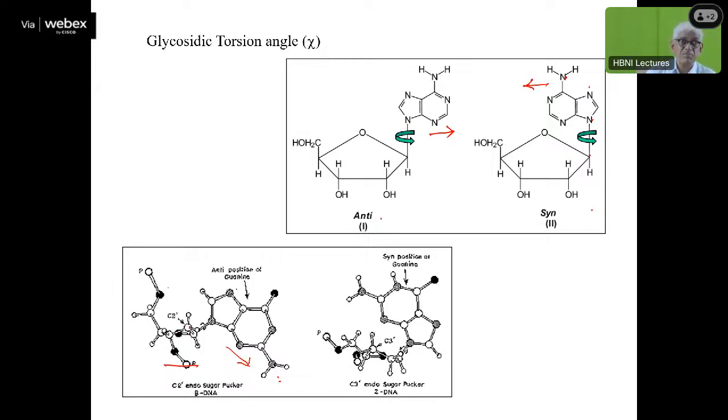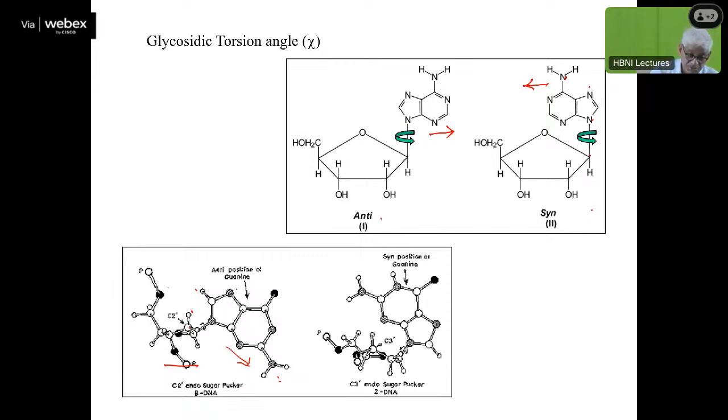Okay, why does this become important? You will see here, depending upon what we have, you have different distances between the hydrogen atoms. The hydrogen atoms which we are going to monitor in our spectra have different dispositions. The relative distances of the hydrogens. There is a hydrogen here and there is a hydrogen here.